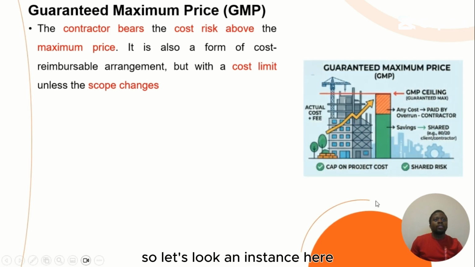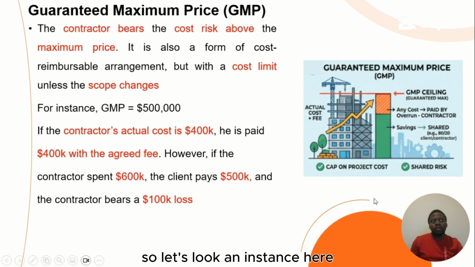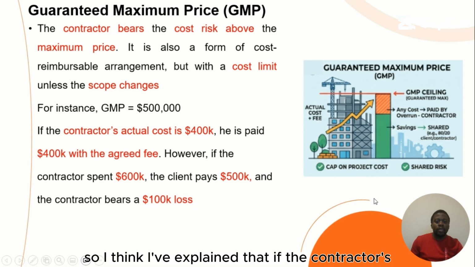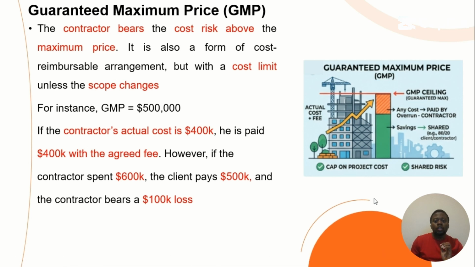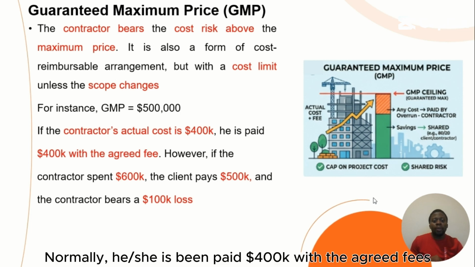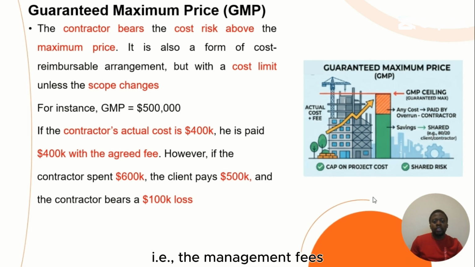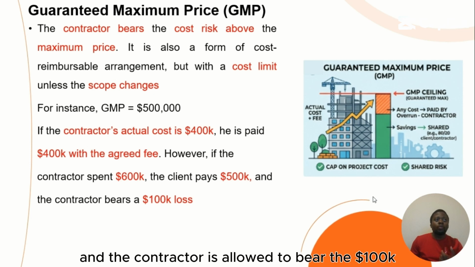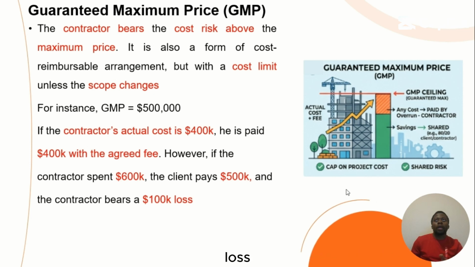Let's look at an instance here. I think I've explained that if the contractor's actual cost is 400,000, he is normally paid the 400K with the agreed management fee. However, if the contractor spends above, for example 600,000, the client pays 500,000, and the contractor has to bear the 100K loss.